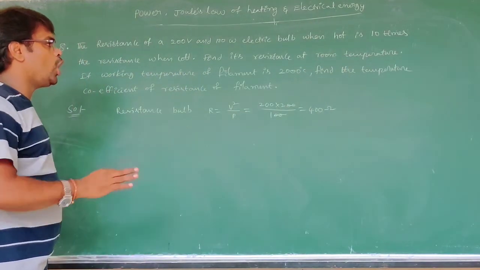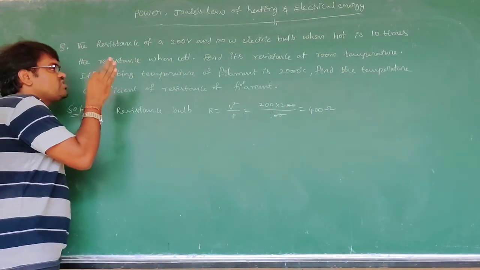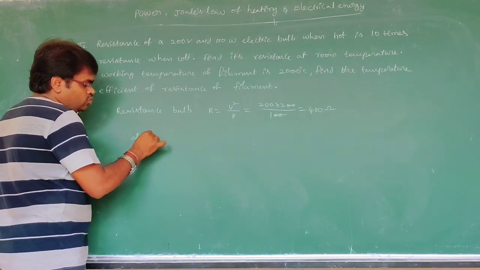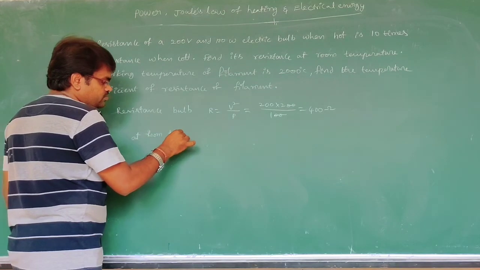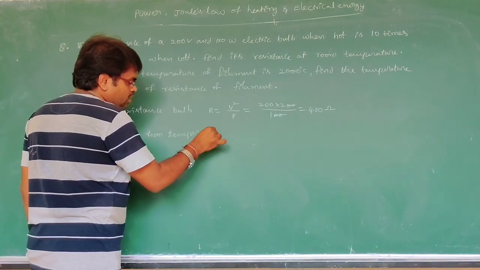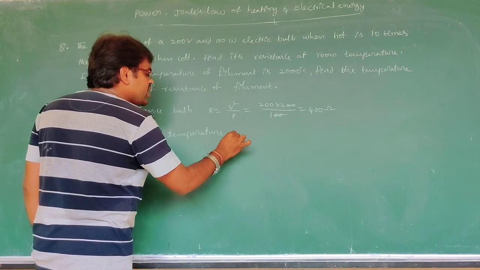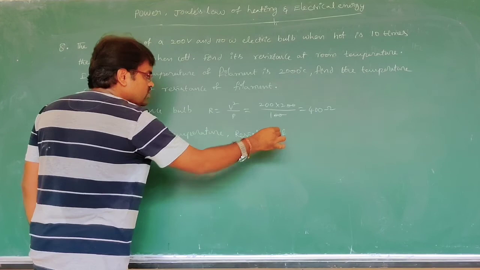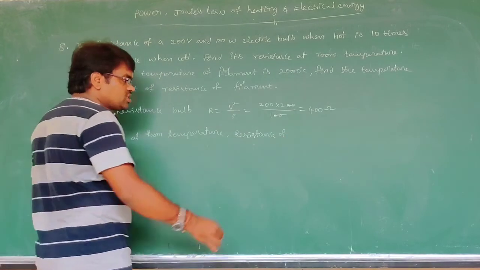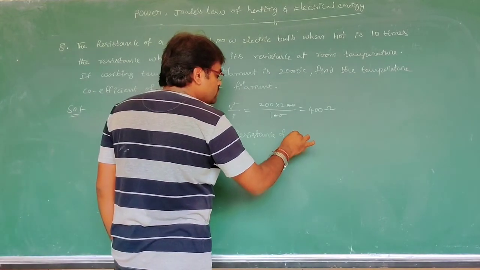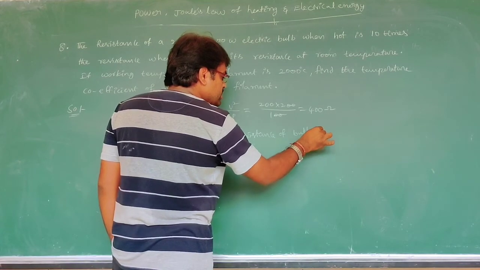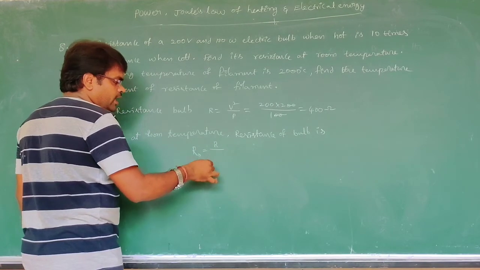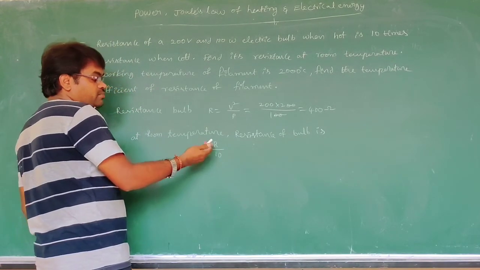Now, the hot resistance is 10 times the resistance when cold; find it at room temperature. The resistance of the bulb at room temperature is R naught, which is equal to R by 10, because it is 10 times.